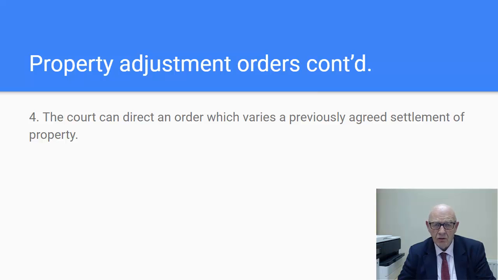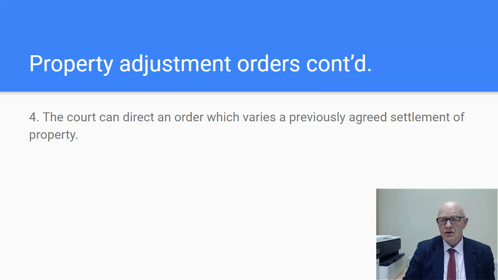So the court has a wide degree of discretion in terms of varying property adjustment orders. And to all intents and purposes, you could say that a court can do practically what they like in terms of making a property adjustment order in a judicial separation or divorce situation.